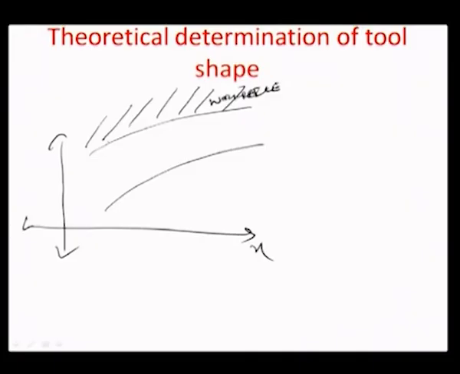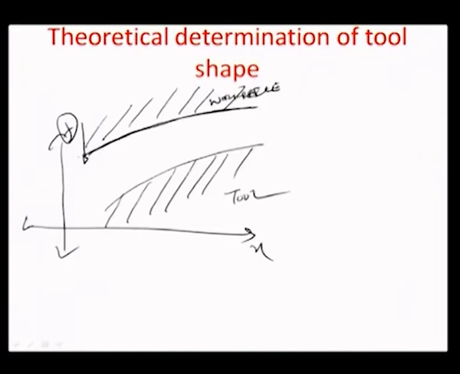And we also are aware that this workpiece is being fed towards the tool at a feed rate of F, and this is automatically the shape of the tool which is generated by the requirement of this workpiece surface, which is known to you.